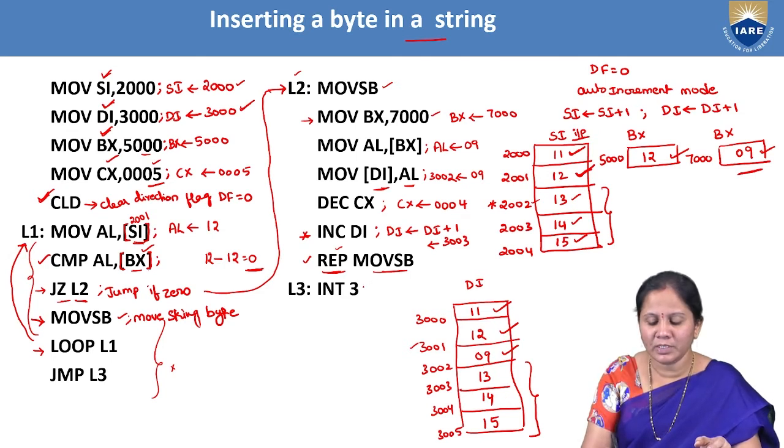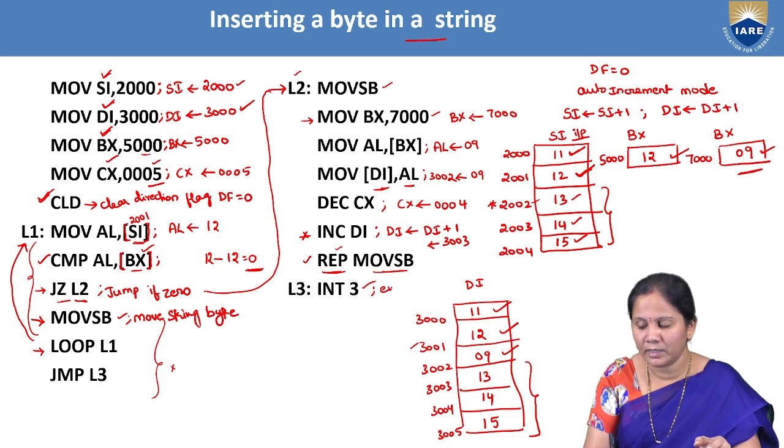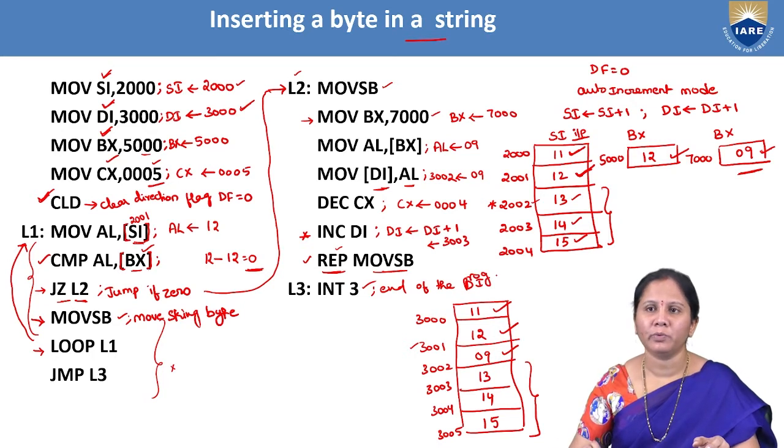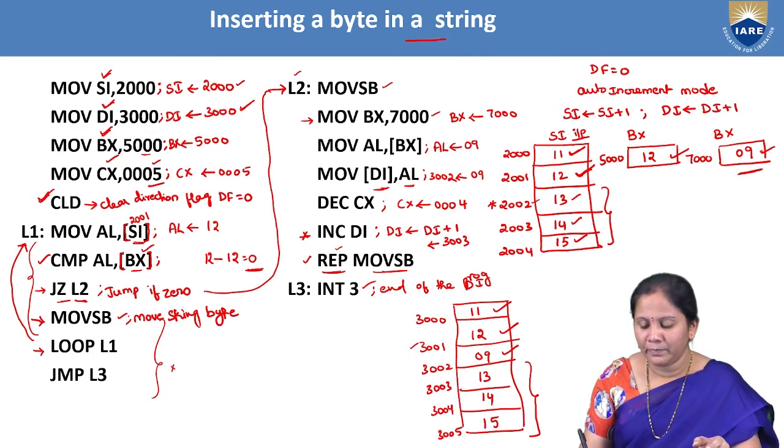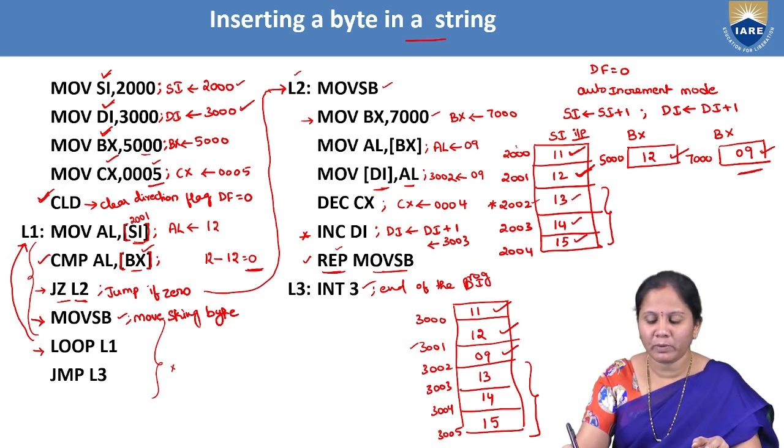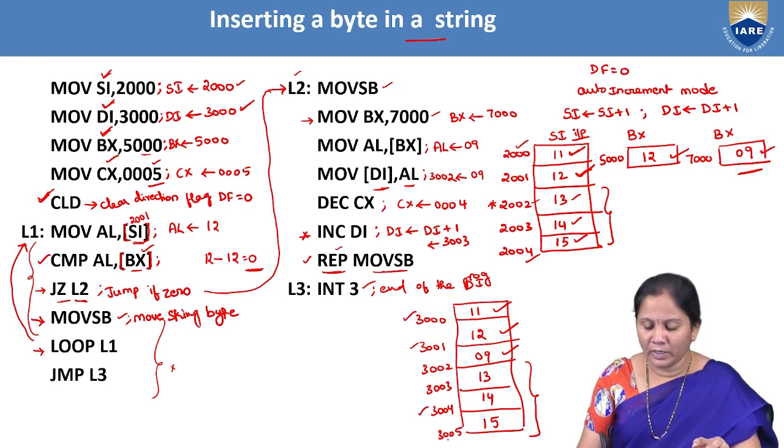And the next instruction is INT3. This INT3 represents the end of the program. Okay. Generally if you see the inputs, the locations will be from 2000 to 2004 only. But if you see the output, from 3000 to 3004, one location is incremented.